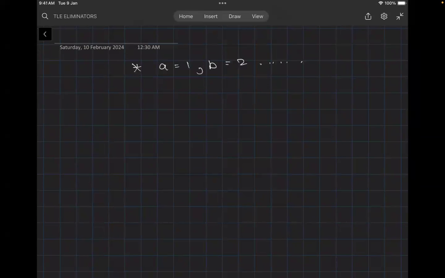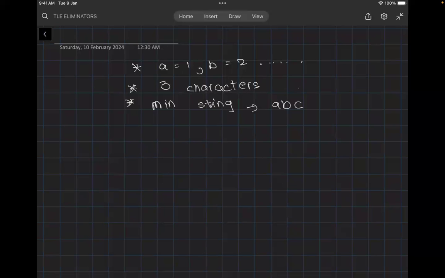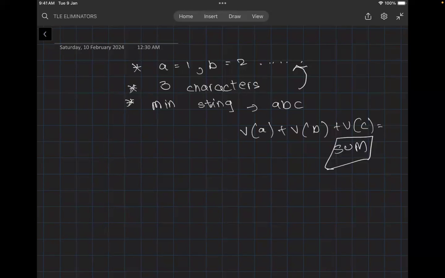We know that there are exactly 3 characters in the string, and we have to find the minimum string such that whatever value you choose, for example, let's say it was ABC, then V of A plus V of B plus V of C is equal to the sum that we are given. V is basically value.